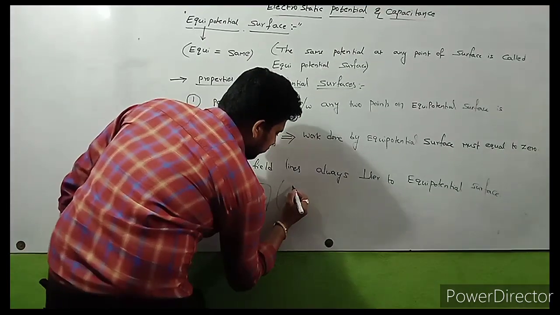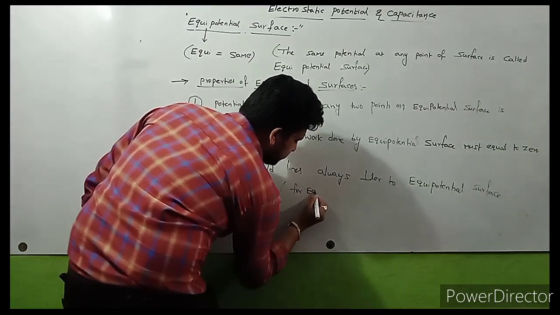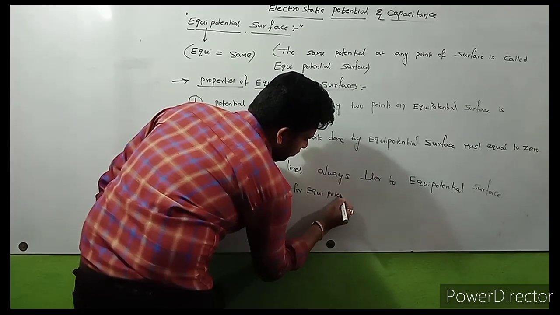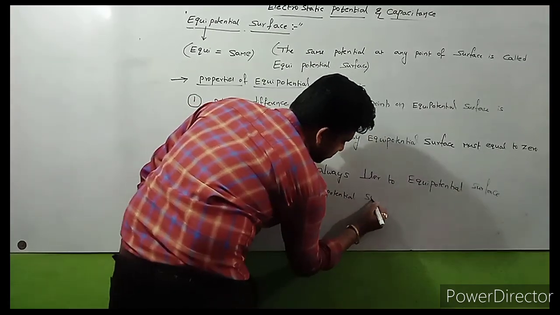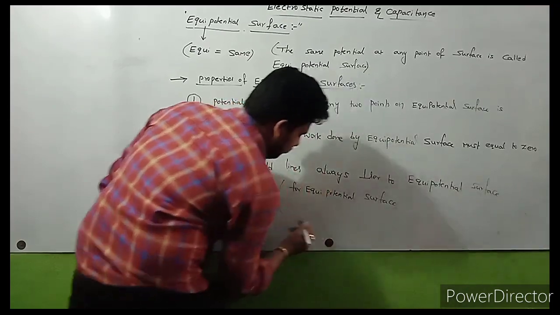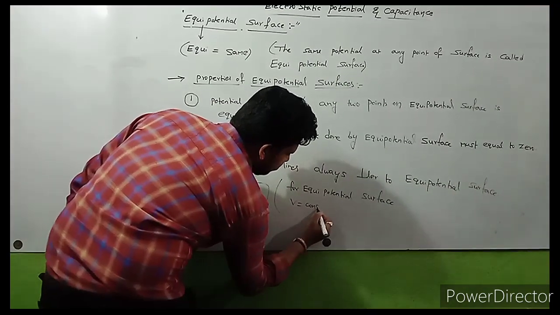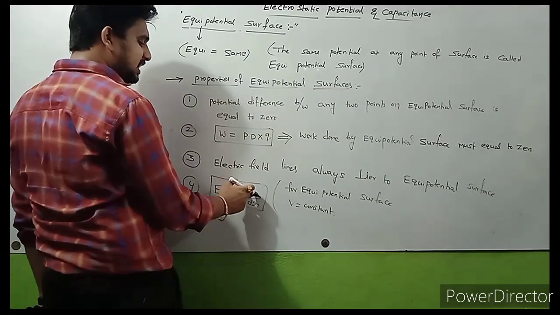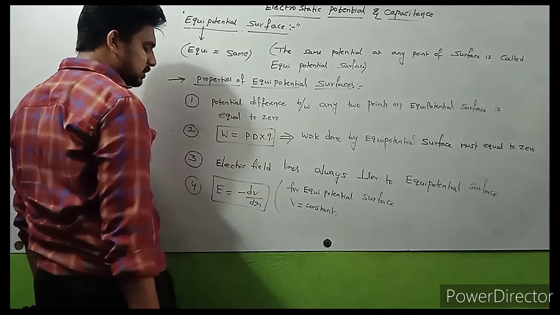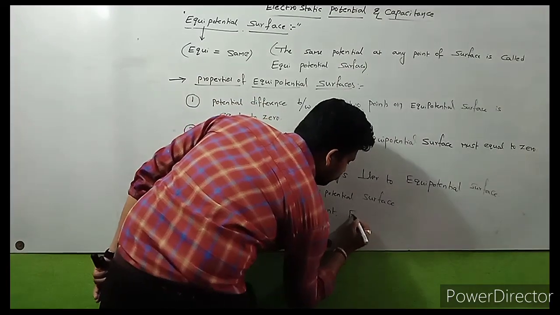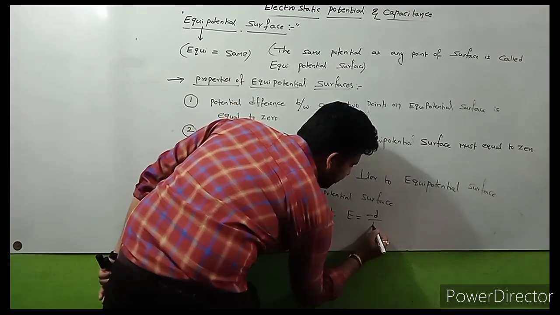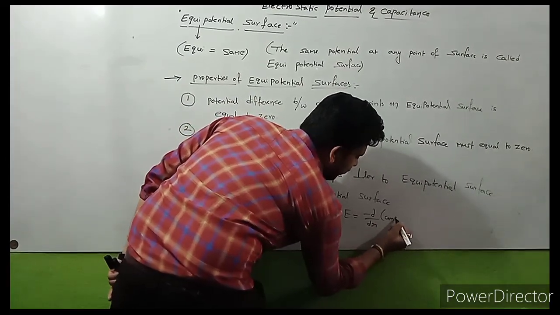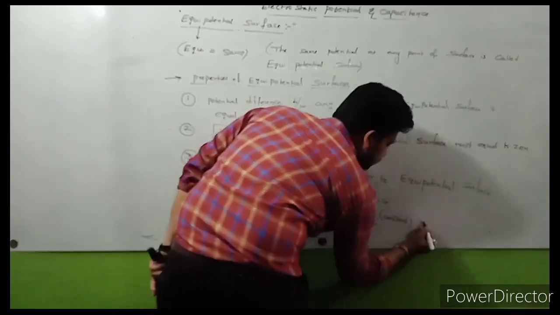Here for equipotential surface, V is constant. If V is constant means differentiation of constant value becomes 0. E is equal to minus d by dr of constant, it becomes 0.